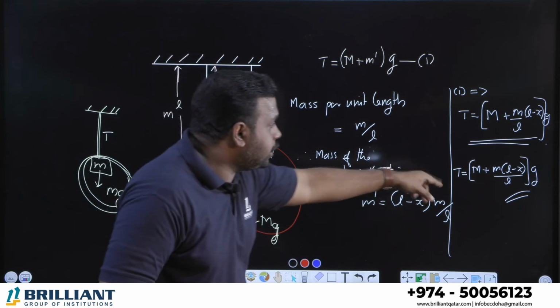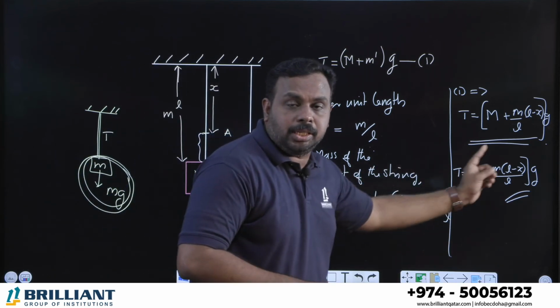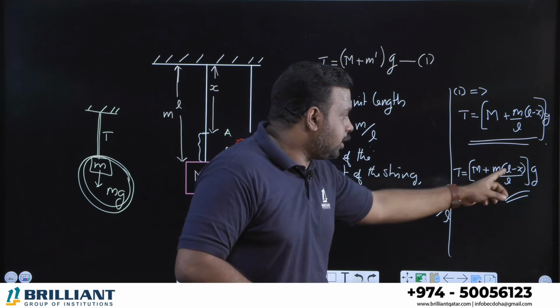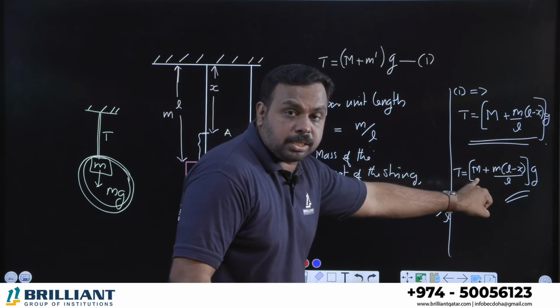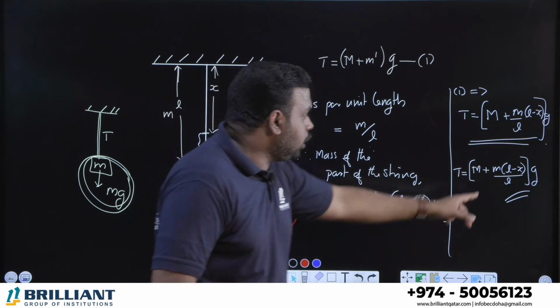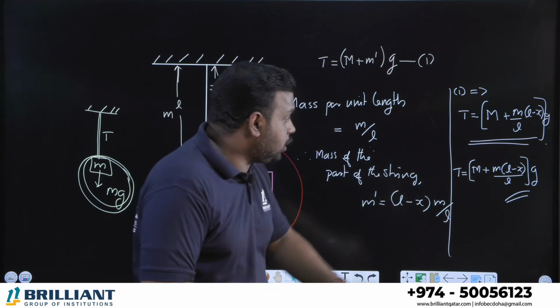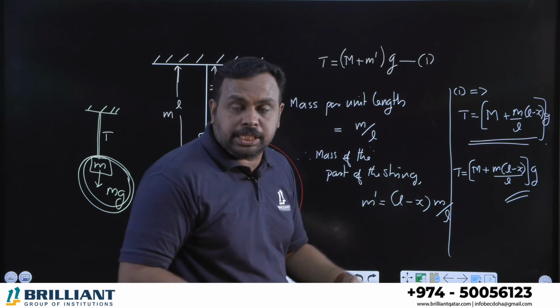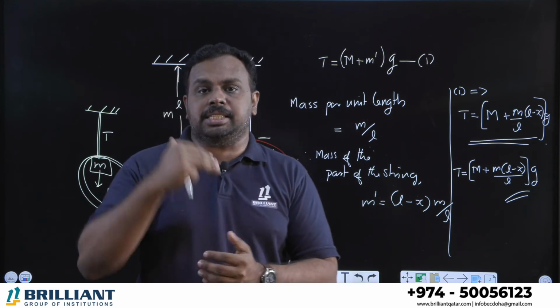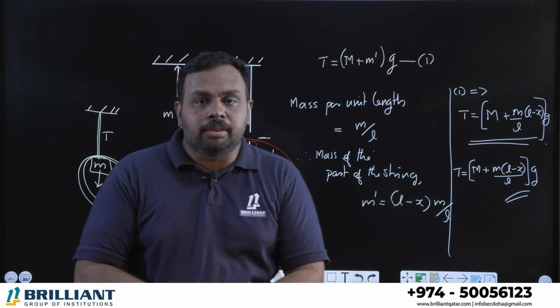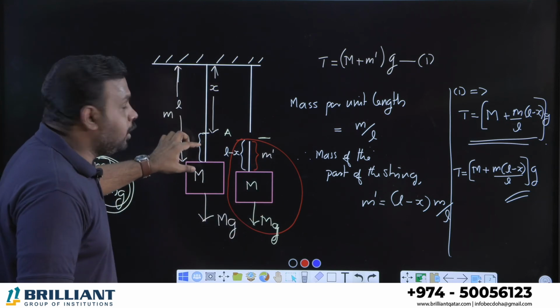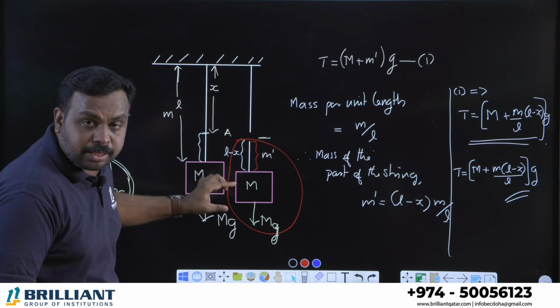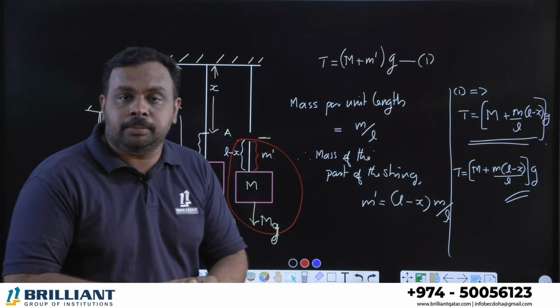So from that equation you can see that tension is a function of x. All other parameters are constant: capital M, the mass of the block, is a constant; small m, the mass of the string, is a constant; the length of the string is a constant; g is a constant. But x is a variable, which means as x varies, as the distance varies, what will happen?